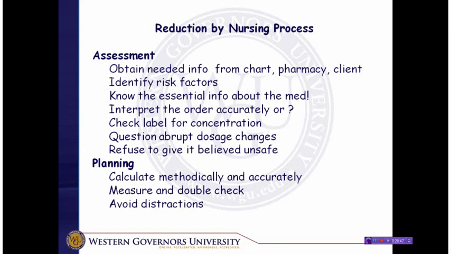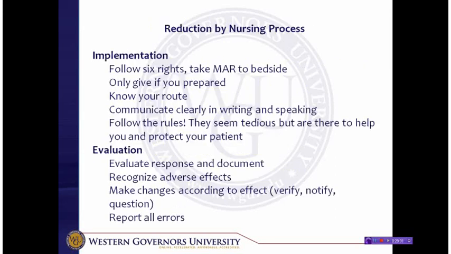You're going to plan, and in that you're going to calculate accurately, you're going to double check, you're going to avoid distractions when giving medications to eliminate those potential interferences.